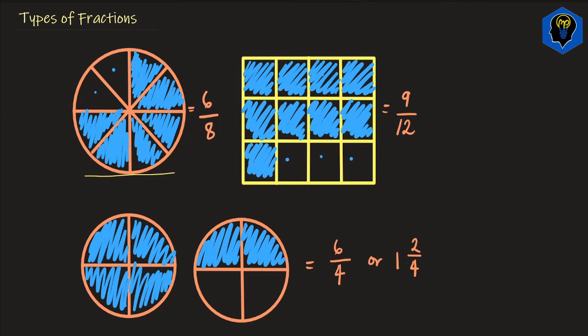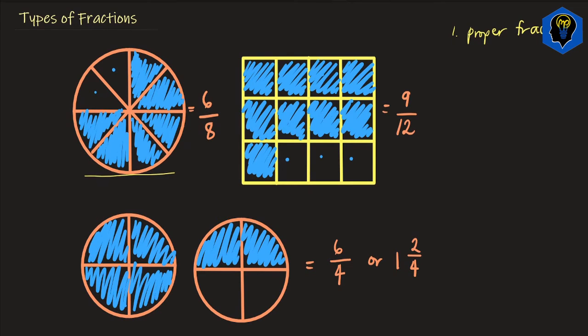What are the different types of fractions? First, we have proper fraction. So when we say proper fraction, the numerator, oh by the way, the number on top. So if you have a fraction, let me just label the fraction.